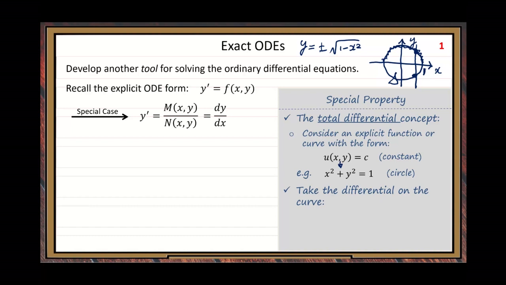Then we need to look at the form of the left-hand side. That's important. What's the expression of the left-hand side? It's du. What's du? The right-hand side is 0, but we need to represent du.